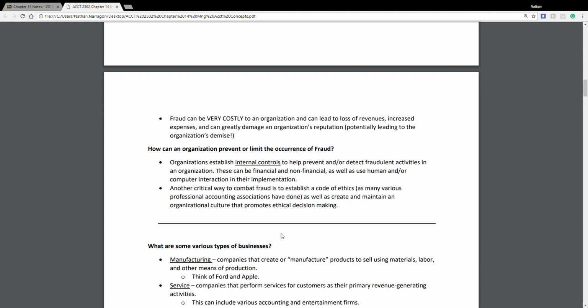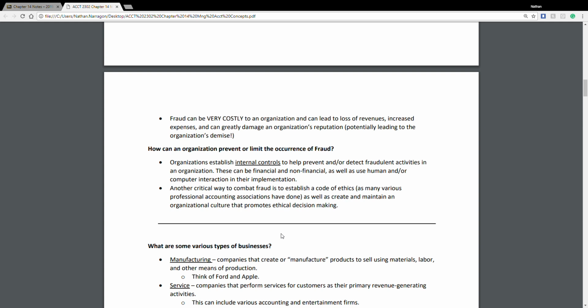Not even loss of revenues. It could cause increased expenses because we gotta go get internal controls. We gotta get those security cameras. We gotta make y'all wear badges because we gotta ID y'all. But the biggest thing that can hurt is any fraud will hurt the reputation of the organization.